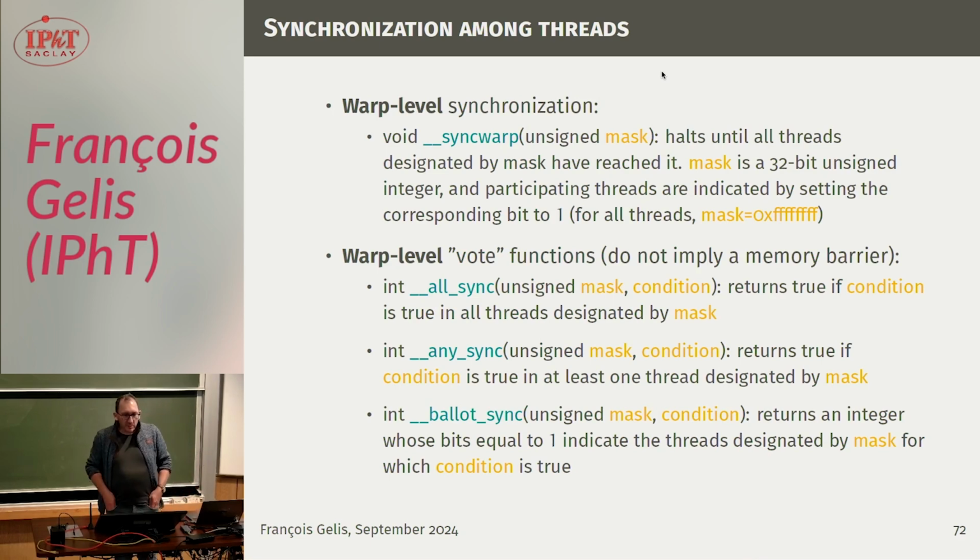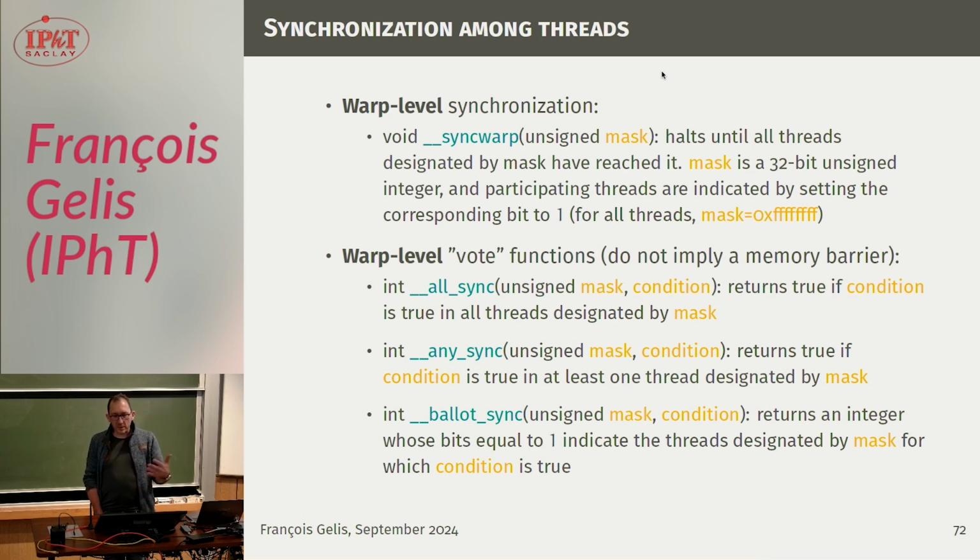There are several functions that do some form of synchronization at the level of a warp, so these smaller groups of threads that have 32 threads in them. The function is called sync warp. The syntax is that it takes also an unsigned integer, so you can view that as 32 bits. The binary representation of this integer tells the function which threads should be taken into account.